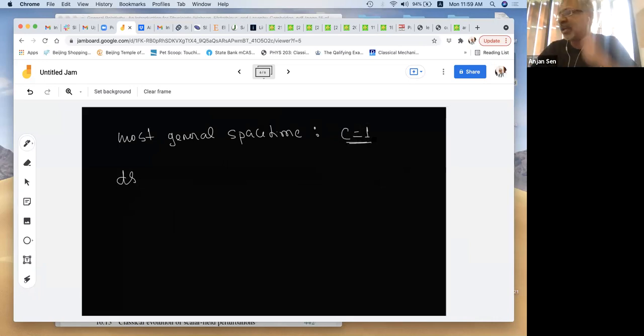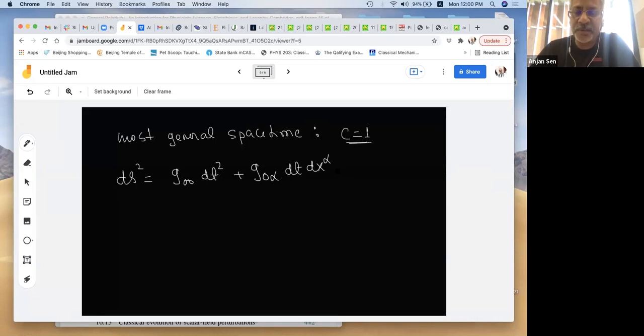So the most general metric that I can write is maybe there is a g00 term with dt squared. There can be some g0alpha term with dt dx alpha. Let me write all the terms first and then I will explain.